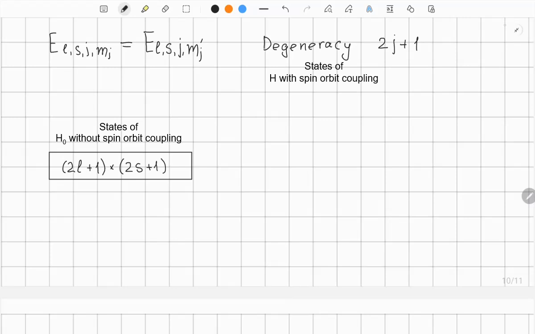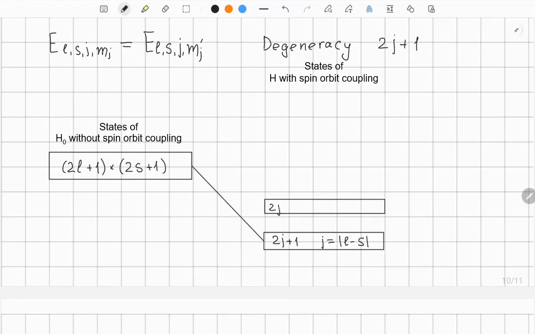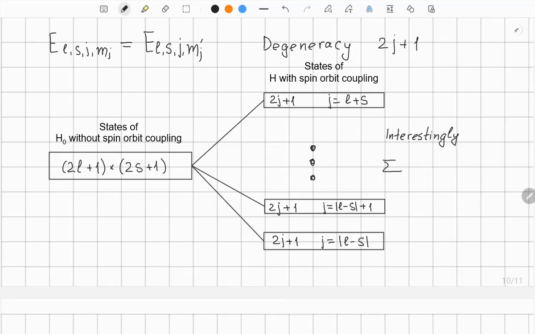As we can see, this level splits into several sublevels corresponding to different values of J, ranging from the absolute value of L minus S to L plus S. Each of these sublevels has a degeneracy of 2J plus 1. Interestingly, if we sum the degeneracy of all sublevels, we recover the original degeneracy.